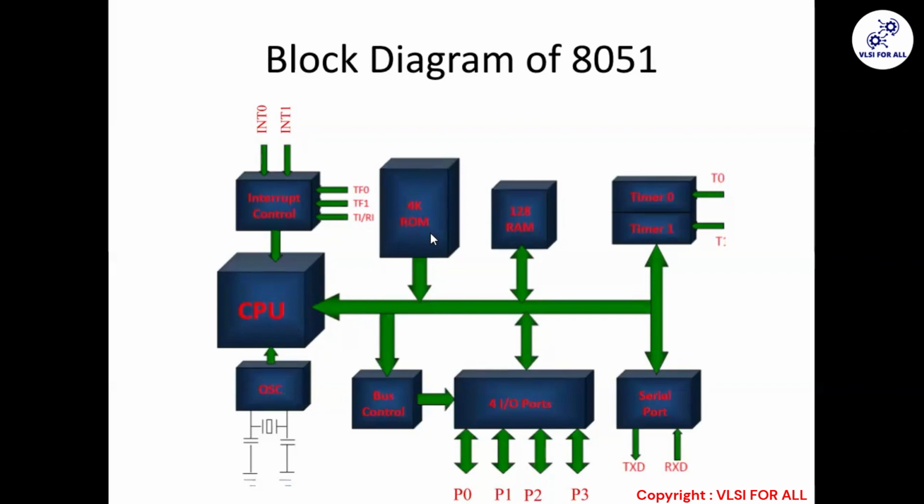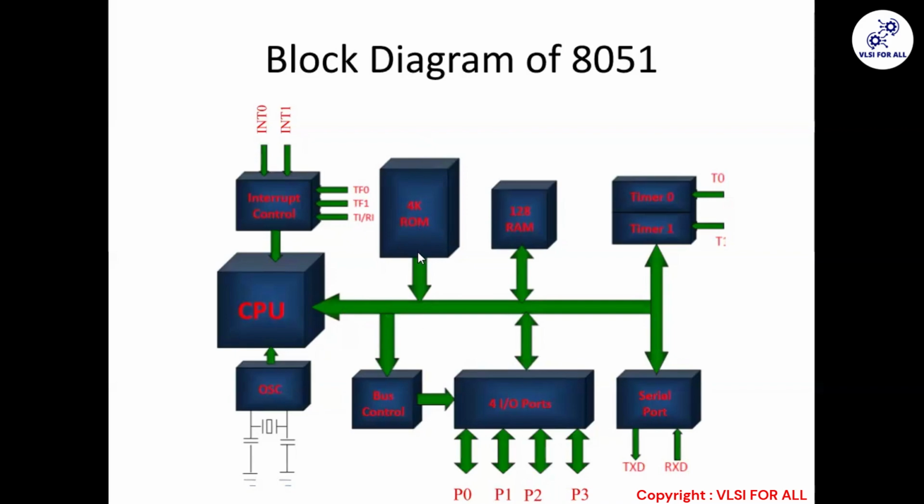How much is the program memory in the case of 8051? 4 kilobyte. 8-bit is the width, and what is the height of 4 kilobyte? 4096. So that height will be there, whereas the width is 8-bit. Those many instructions you can store here, and our CPU works on those instructions.